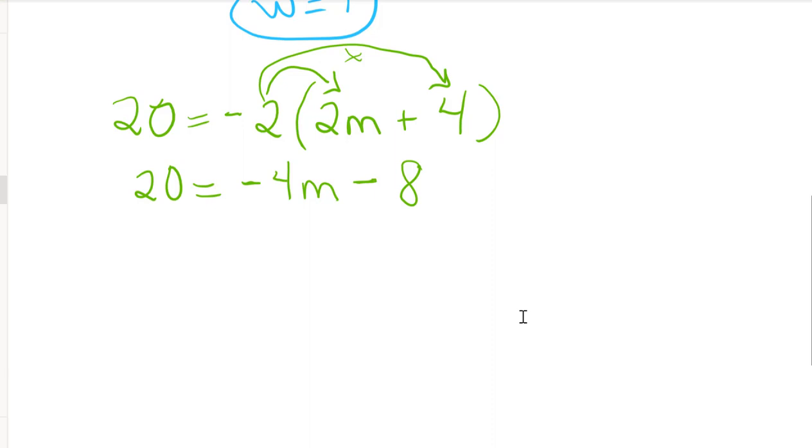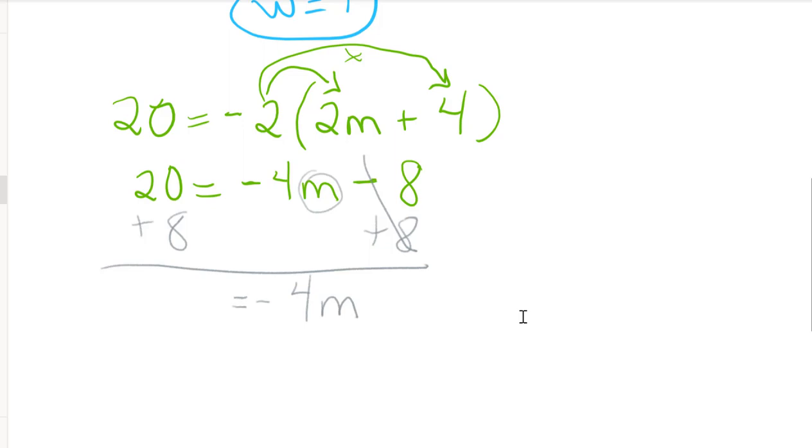Now we got there. Here's my variable. So I'm subtracting 8. So in order to move it, I need to do the opposite. So I'm going to do plus 8. Cancel. Negative 4m equals 20 plus 8 is 28. Now I'm going to divide, because this is multiply.